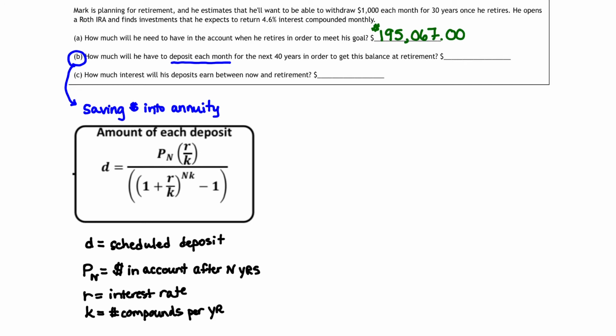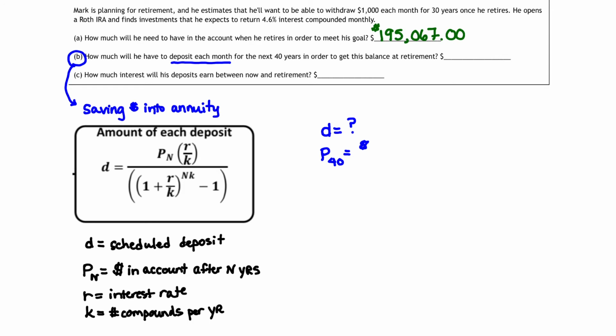We're searching for the deposit each month, so we're looking for D. We have P sub N. P sub N is the amount in our account after 40 years. And that was what we actually solved for in Part A. Mark needed to know how much he wanted to have in his retirement account to meet his goal.